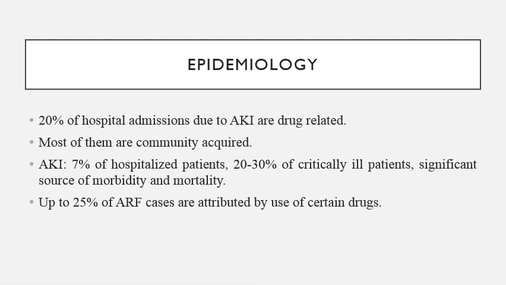And of the patients who are even admitted into the hospitals, about 7% of them may suffer acute kidney injury, and mostly this acute kidney injury is occurring in critically ill patients, and 20 to 30% of the patients in the hospital may go through some level of drug-induced kidney injury, and this makes a significant level of morbidity and mortality.